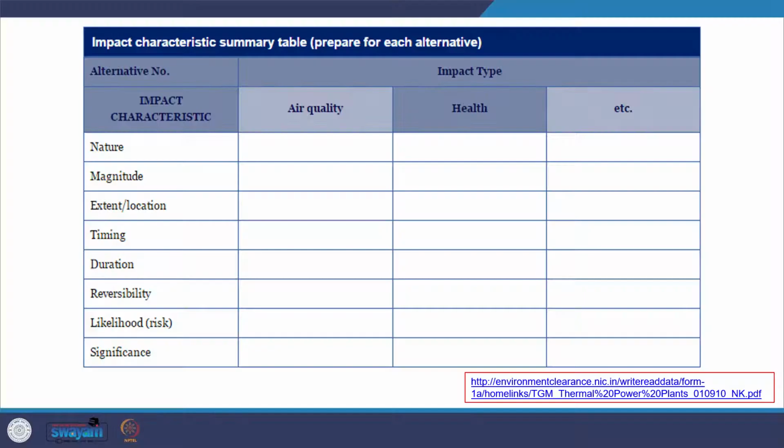But just to recap, we have seen most of it. So here your impact characteristic summary table would be prepared, showing what are the impact characteristic and impact type, on what it will have impact. And then this would be given in a very summarized form. And you would also do a comparative evaluation of what kind of adverse and beneficial impact would be there.